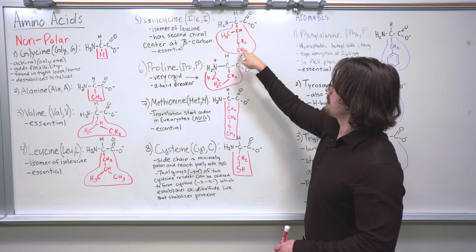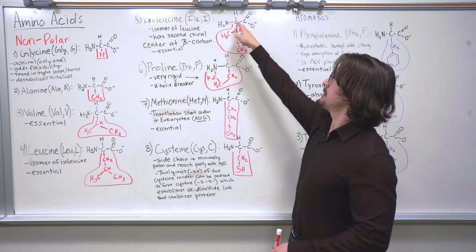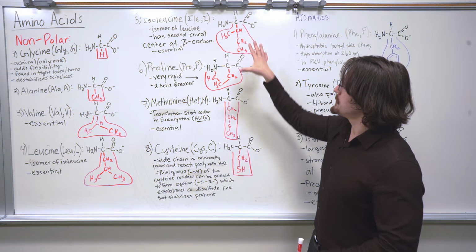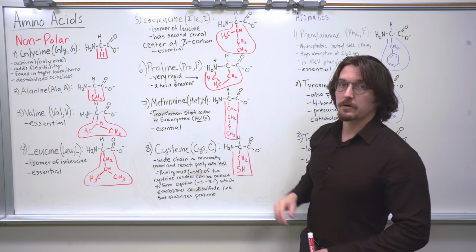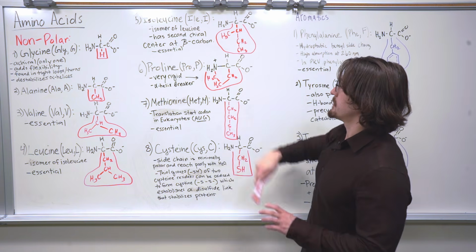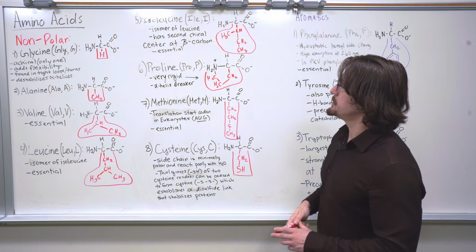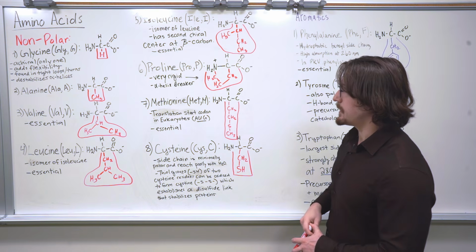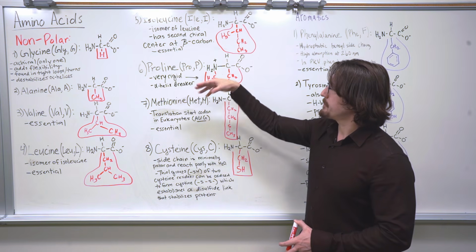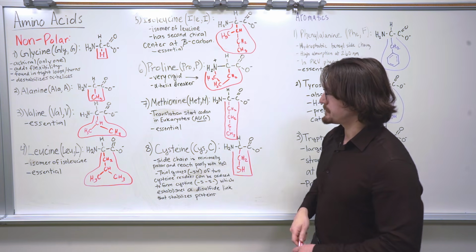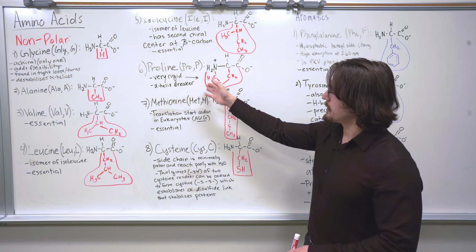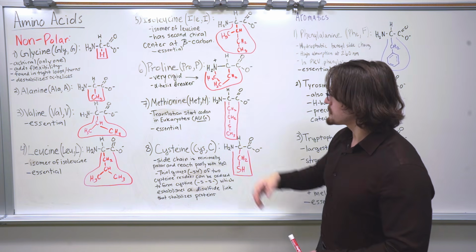This little chain here, this methyl group, this hydrogen, and then the alpha carbon. And so it's actually also a chiral carbon, all right? That's the beta carbon. The 1st carbon attached to the alpha carbon is the beta carbon. And in isoleucine, the beta carbon is also chiral, optically active. And like the previous 2, this one is also essential. Then we have a very cool looking amino acid, which is proline, P.